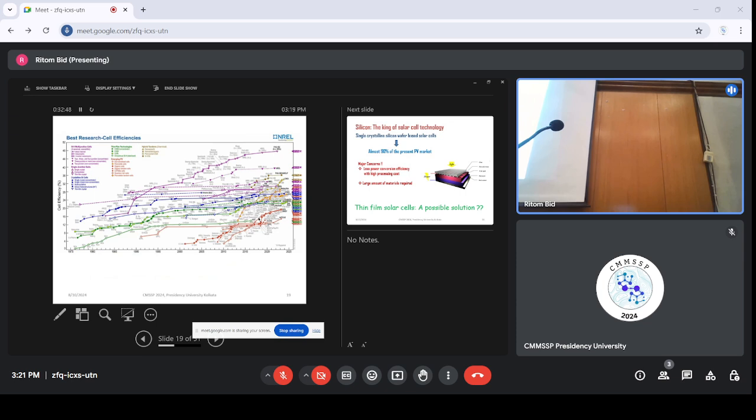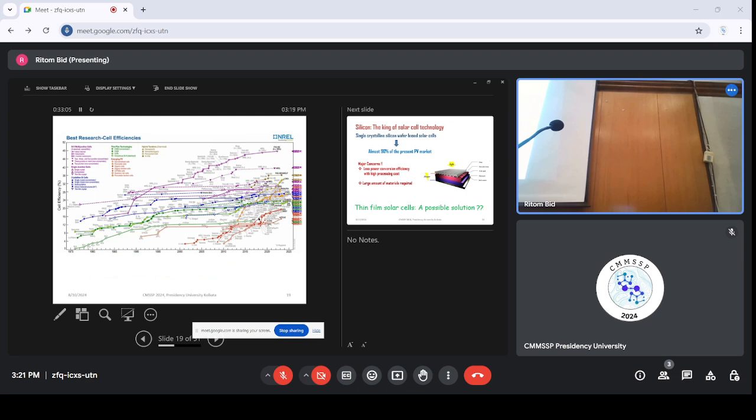Now, here is the chart that shows the reported efficiency of different kinds of solar cell devices certified by the NREL, and you know that the efficiencies are increasing with time.